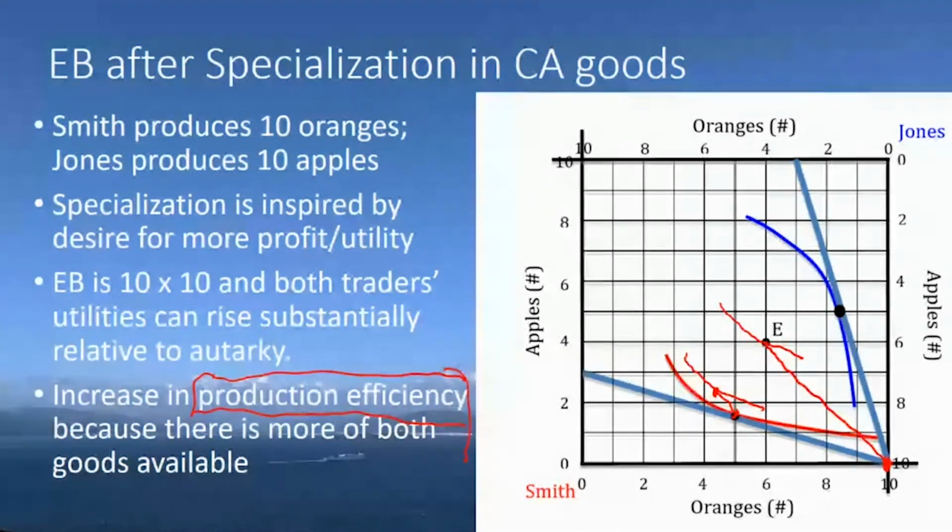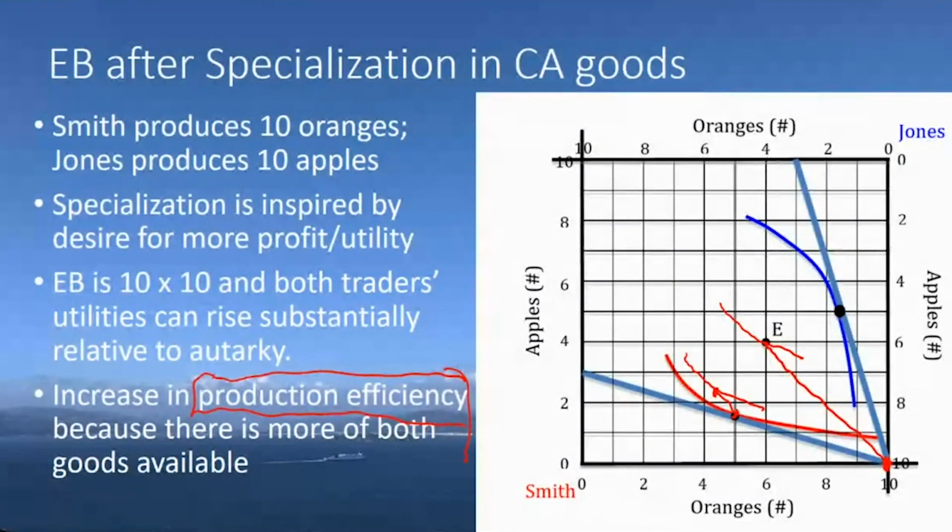And notice, there's no increase in labor input into the production process here. Smith and Jones don't spend more time producing apples and oranges to get more. Instead, they simply rearrange who produces what, and by doing that, they get more output.